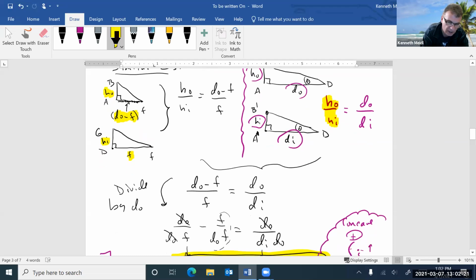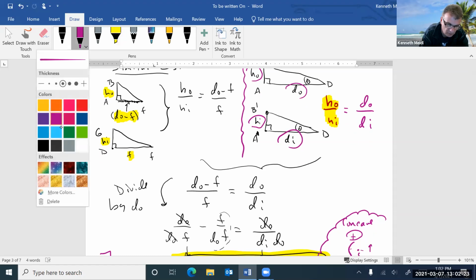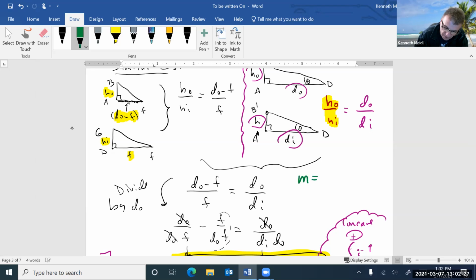We can use that here, just like we did before, and say that our magnification is HI all over HO. That's what we want to define as magnification. How big is the image compared to the actual object? So if the image is 2 times bigger than the object, we're going to get a number here of 2.